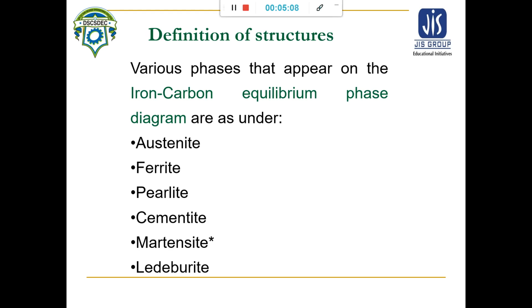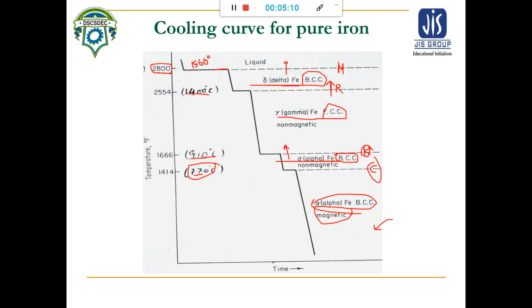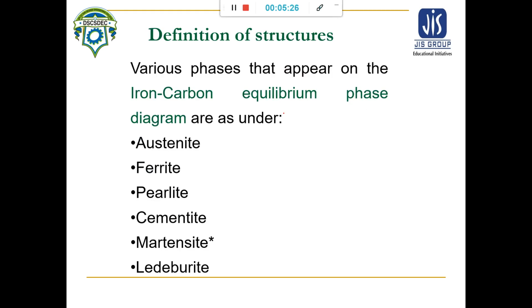So we can get various types of material and various types of composition, and according to those compositions the properties will vary. So that's why different names are given to those equilibrium compositions, and these equilibrium compositions are known as phases.